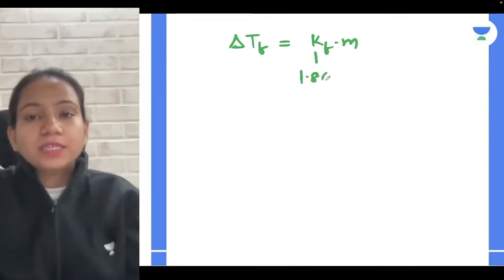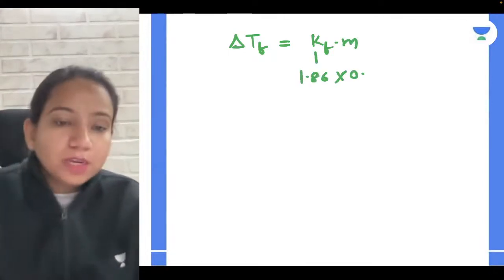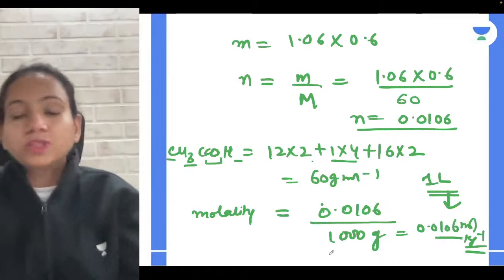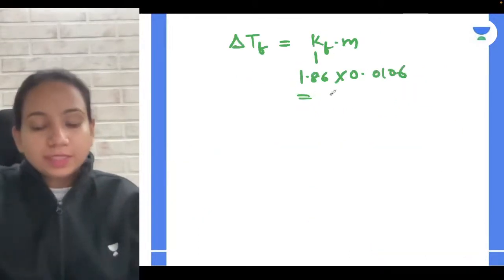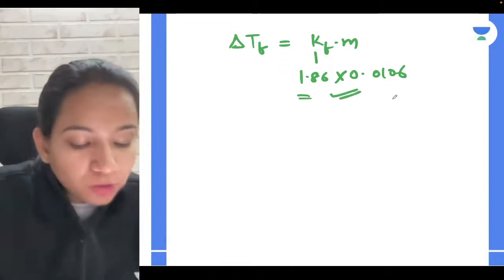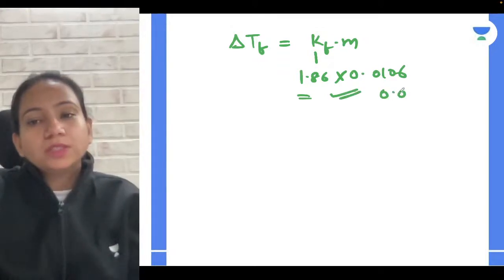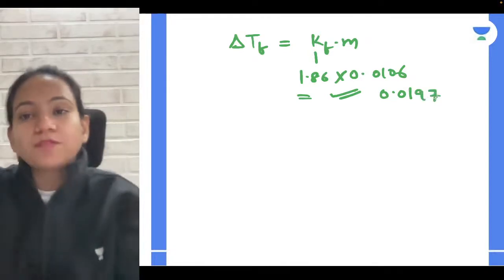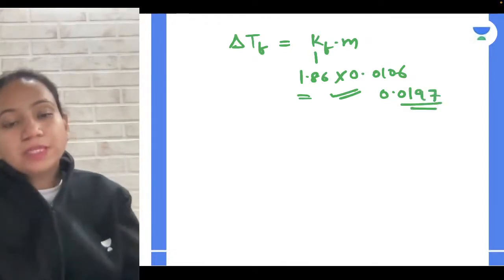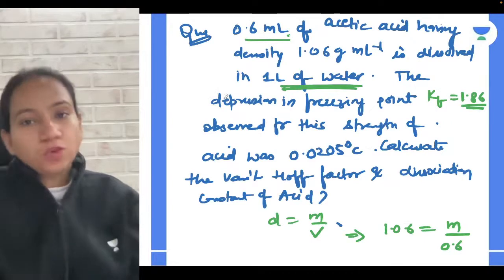Kf is 1.86 and the molality we found is 0.0106. So the delta Tf will be around 0.0197.